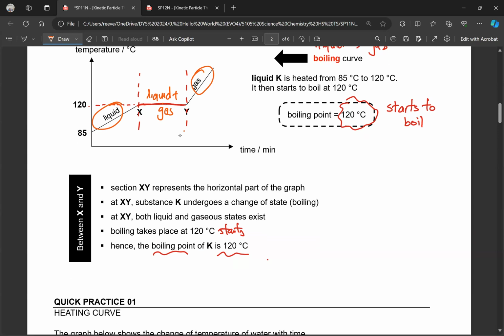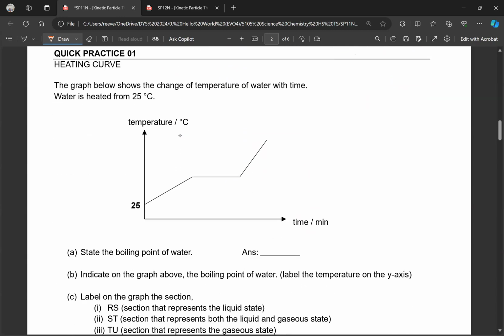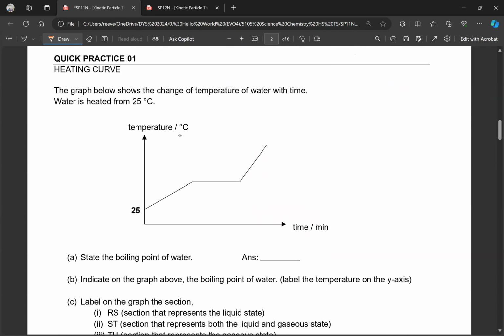Can? Okay, let's take a look at this practice question. Over here, I have a graph. First thing first, this is a heating curve, because I can see that the temperature is going up. Next, is this melting, boiling, or what?